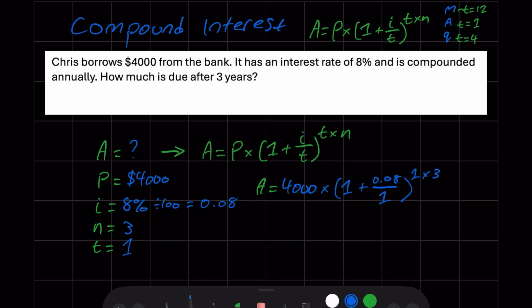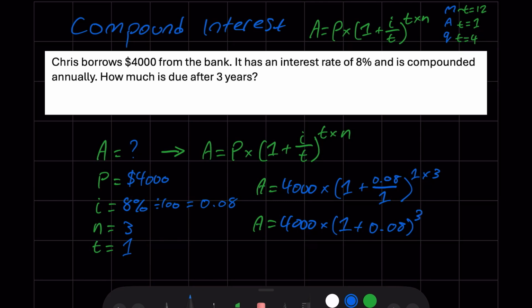Now I'm going to simplify this down a little bit. I'm going to do a bit of mental maths here. 4,000 I'll keep as is. 1 plus 0.08 divided by 1. Anything over 1 is just itself. So if there's a 1 on the bottom, we don't need it at all. So I'm going to write 0.08 to the power of 1 times 3. 1 times 3 is 3.